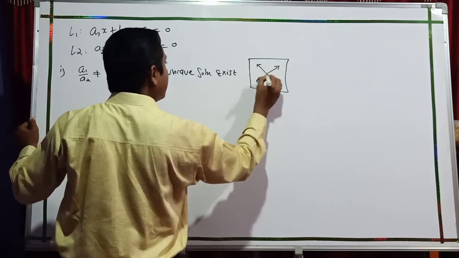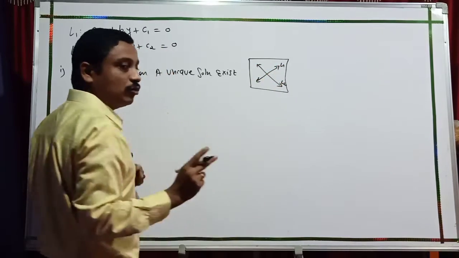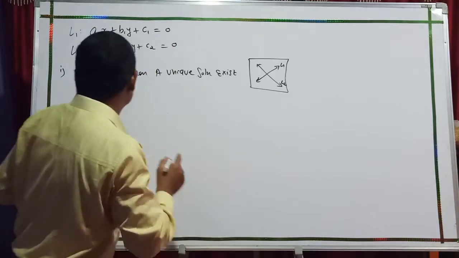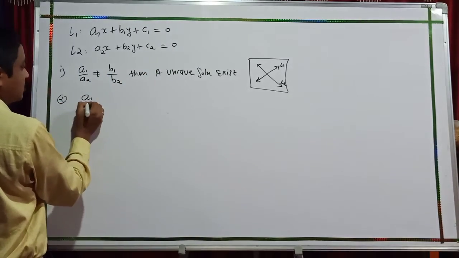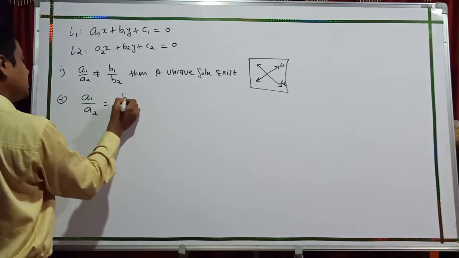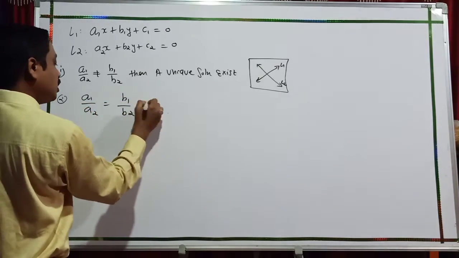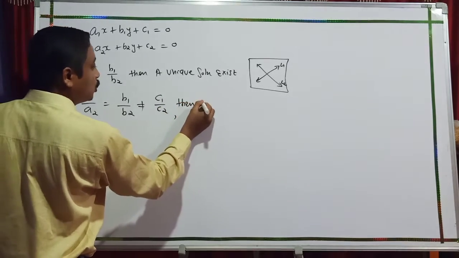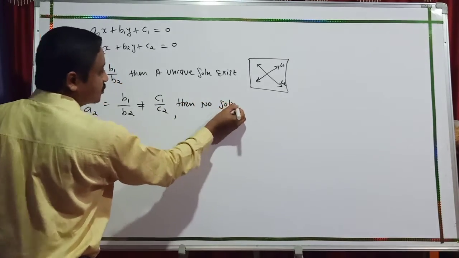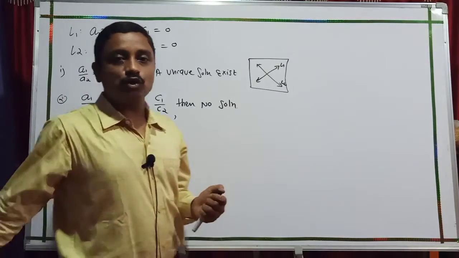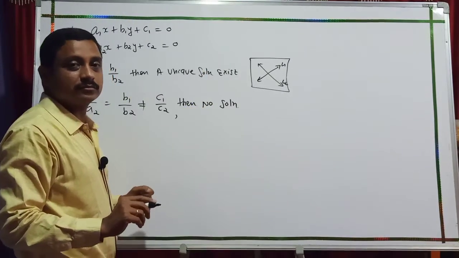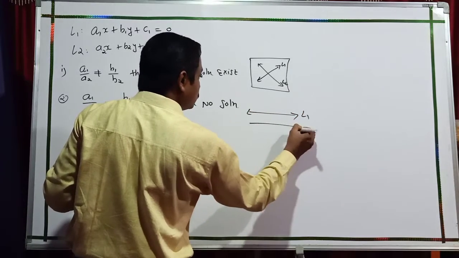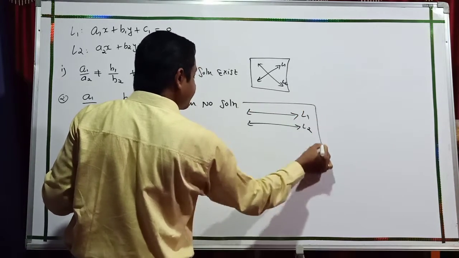Students, write this down a second time. Also mention it in your notebook because it is important for your MCQ-type numericals. Second, A1 by A2 is equal to B1 by B2 but not equal to C1 by C2. Then no solution. Yes students, then no solutions. Both lines here, students, are parallel in these cases.